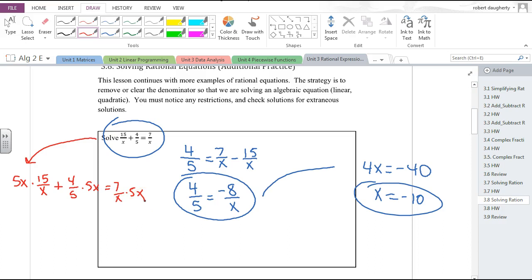So that gets rid of all the fractions, and I would have 75 plus the 5 over 5 cancels, 4x equals 35. And then this tells me that 4x equals minus 40, or x equal minus 10, okay?